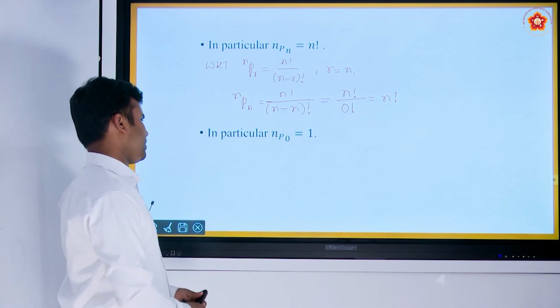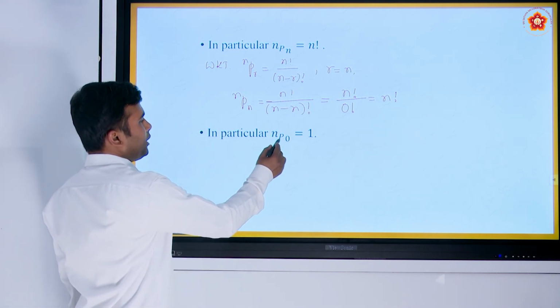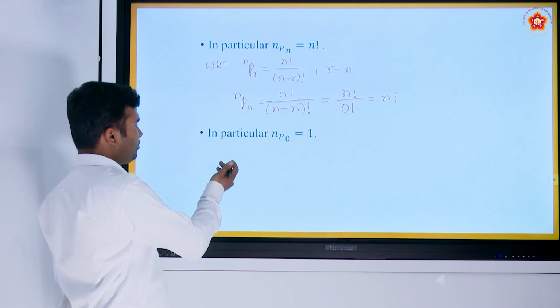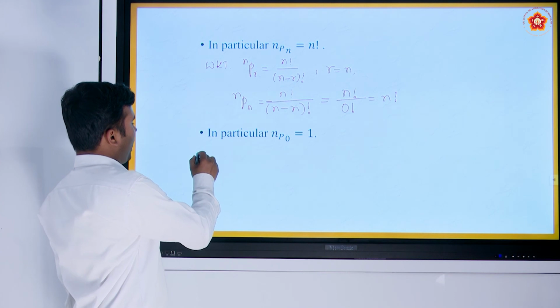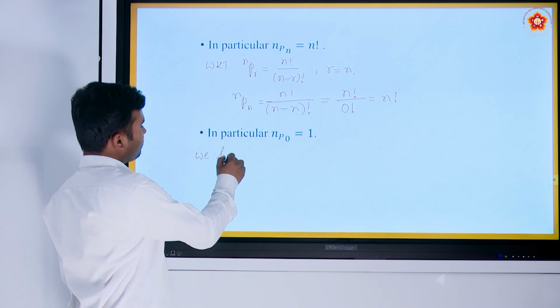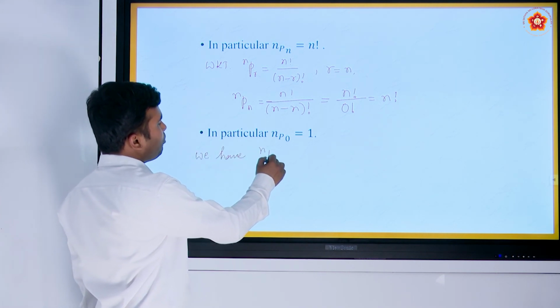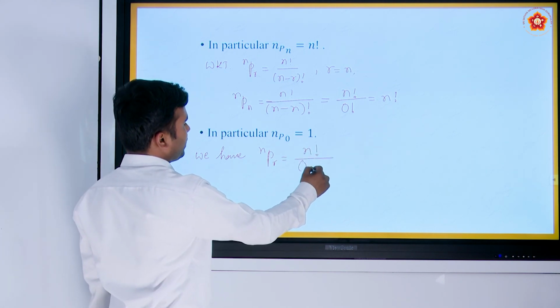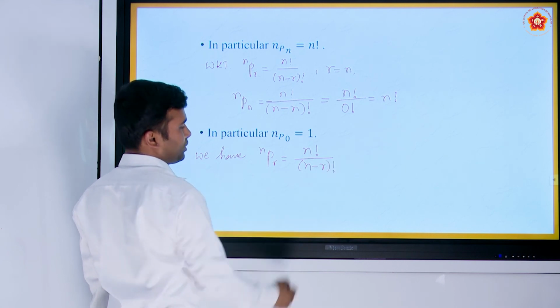And in the other particular case, nP0 is equal to 1. We have nPr equal to n factorial divided by n minus r factorial.